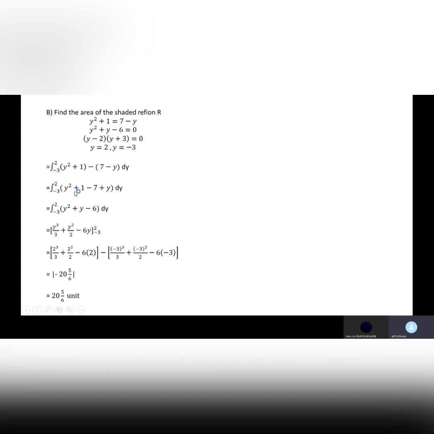So we combine the equation, it will become like this, and we must integrate the equation, and it will become y power of 3 divided by 3 plus y power of 2 divided by 2 minus 6y. When we have the limits, we must put the limits into y and separate: this is for limit 2 and this for limit -3.